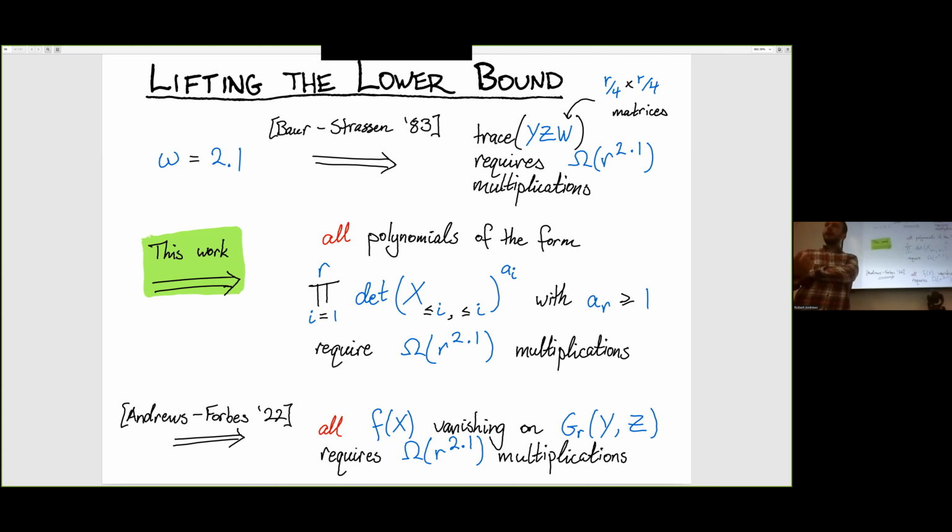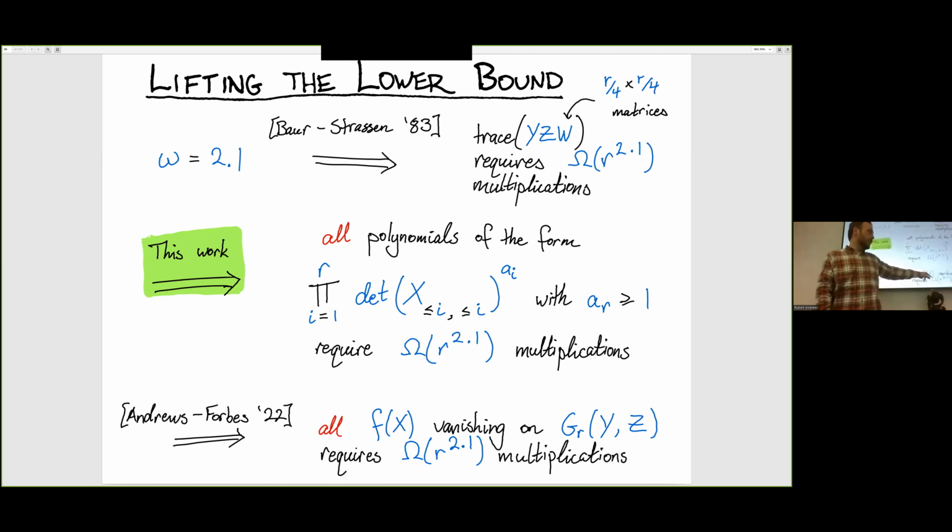And F could vanish on that matrix product you plugged in. What this is going to prove is that if F vanishes on the matrix product, then it couldn't have been that small. The circuit had to be at least a little bit large. So what pops out is a lower bound for F.